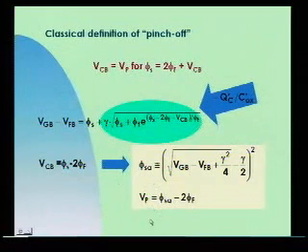And this is the classical definition, and we can have an expression of the pinch-off voltage in terms of the gate voltage if you apply this definition to the expression of the surface potential. Okay, if you solve this, we'll have this expression of the pinch-off voltage in terms of the VGB. And you can note that the dependence of VP on VGB is almost a first order polynomial.